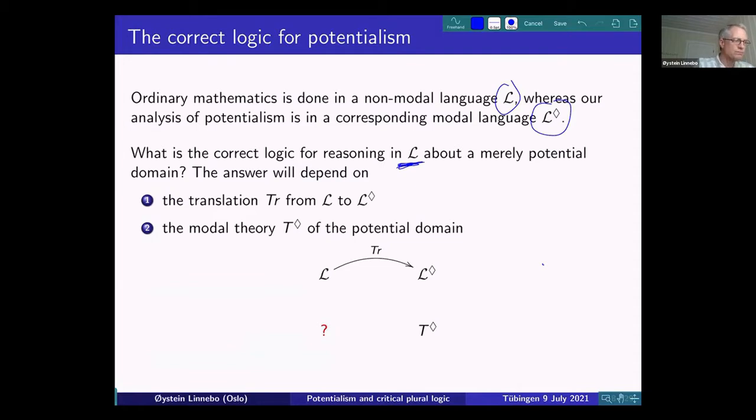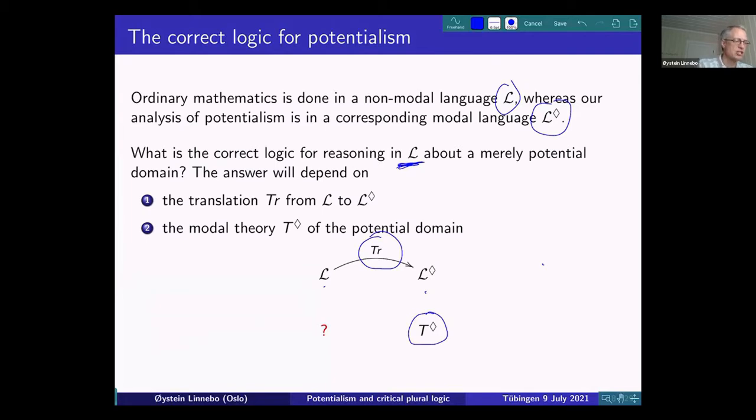Excuse me, and the answer will depend on two factors. First, you've got to connect the non-modal language with a modal language. You've got to define a translation from the former to the latter. And secondly, we need some sort of modal theory, call it T diamond, in the modal language L diamond.